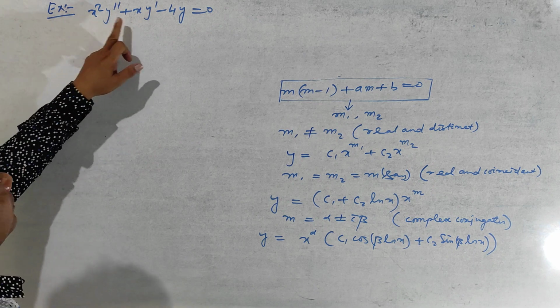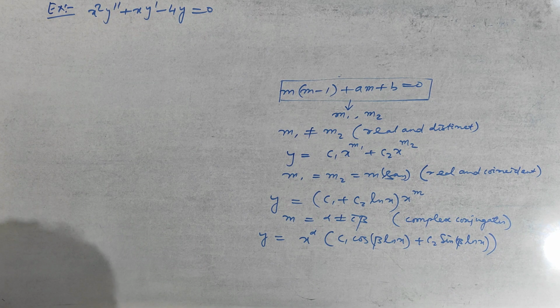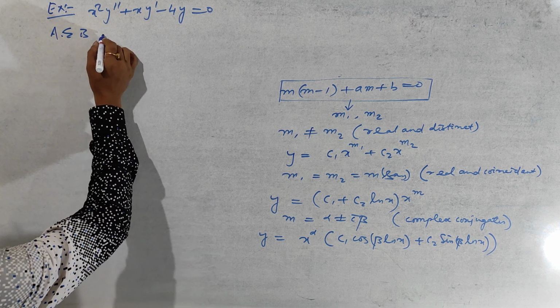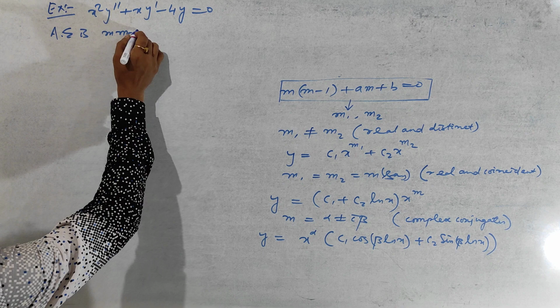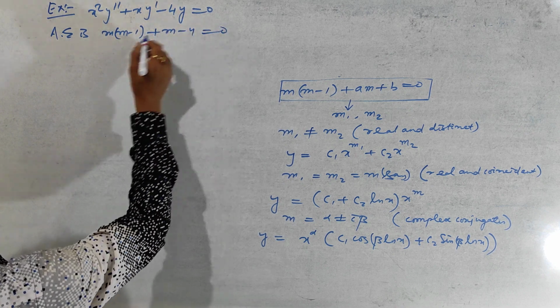See, I am giving one example. x squared y double dash plus x y dash minus 4y equal to 0. This is in the form of an Euler equation. Clear? And what is the auxiliary equation? I have told you: m(m minus 1) plus m minus 4 equal to 0.